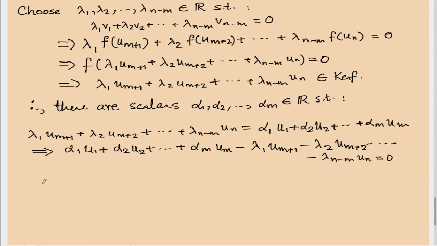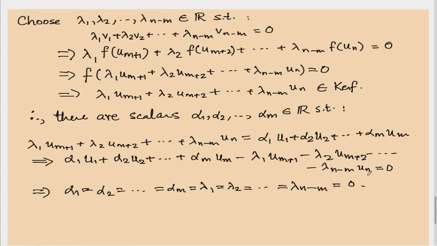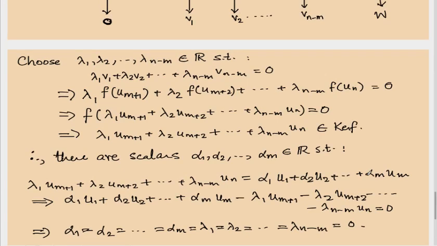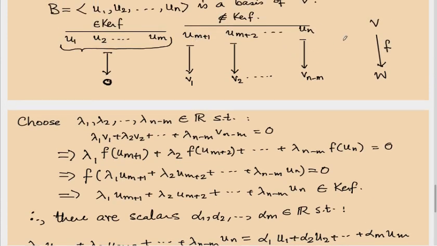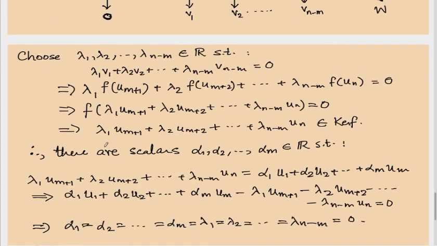Now using linear independence of this says alpha 1, alpha 2, alpha m, and therefore lambda 1, lambda 2, lambda n minus m, they are all 0. So these steps were actually redundant if you understood that these are independent. So therefore every linear combination of u m plus 1 to u n would be independent of u1 to um. So none of them will belong to kernel of F. So the moment we decided here that this belongs to kernel of F, that's a contradiction.